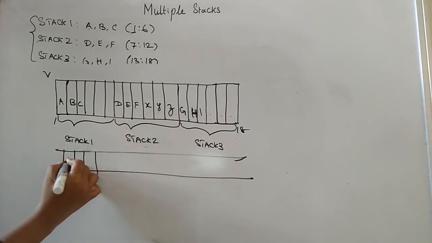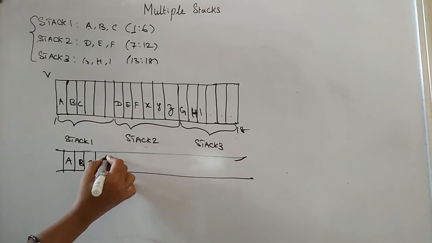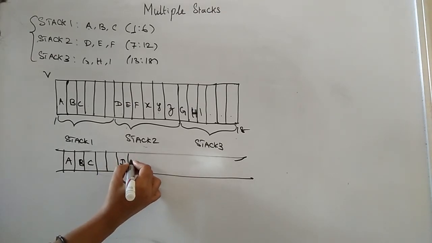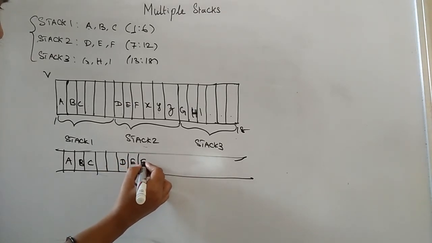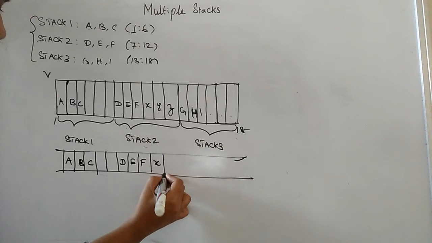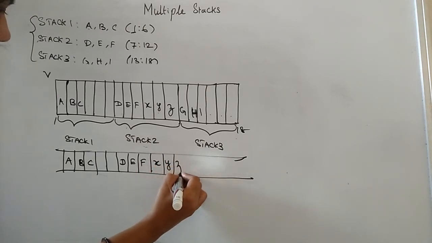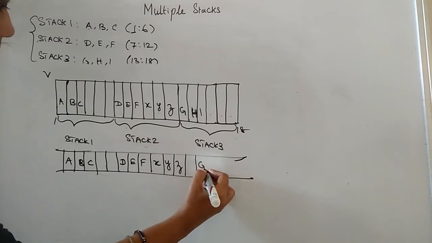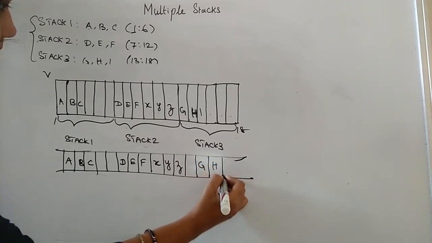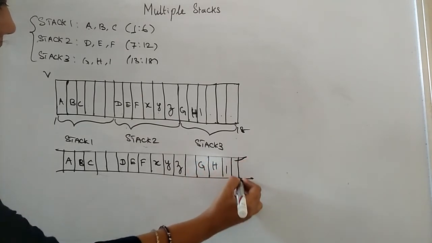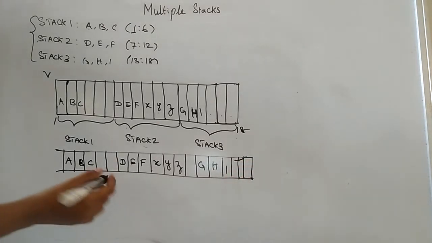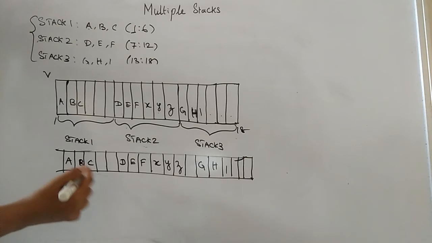I will have A, B, C, one free cell, and in the next cell I will have D, then E, F, X, Y, Z, so that I will get one free space here. Yes, I can have the arrangement like this.